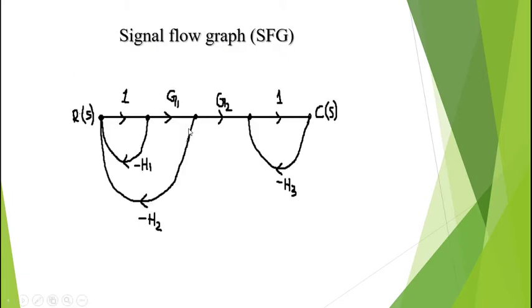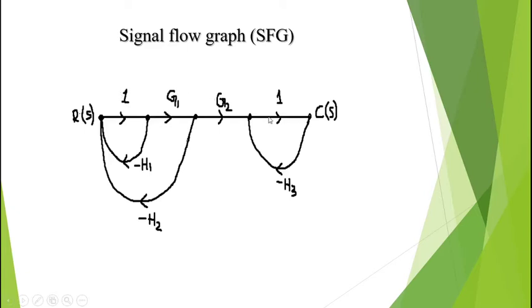Now we have to find the forward path gain of the forward path. The forward path gain is represented by Pk. We have only one forward path, so we represent this forward path gain as P1. We can calculate the forward path gain by multiplying the individual gains.